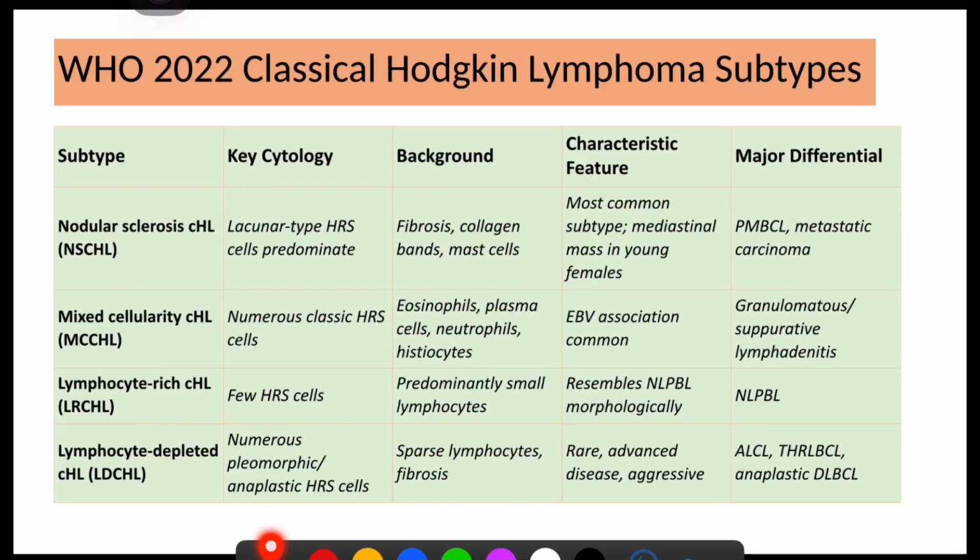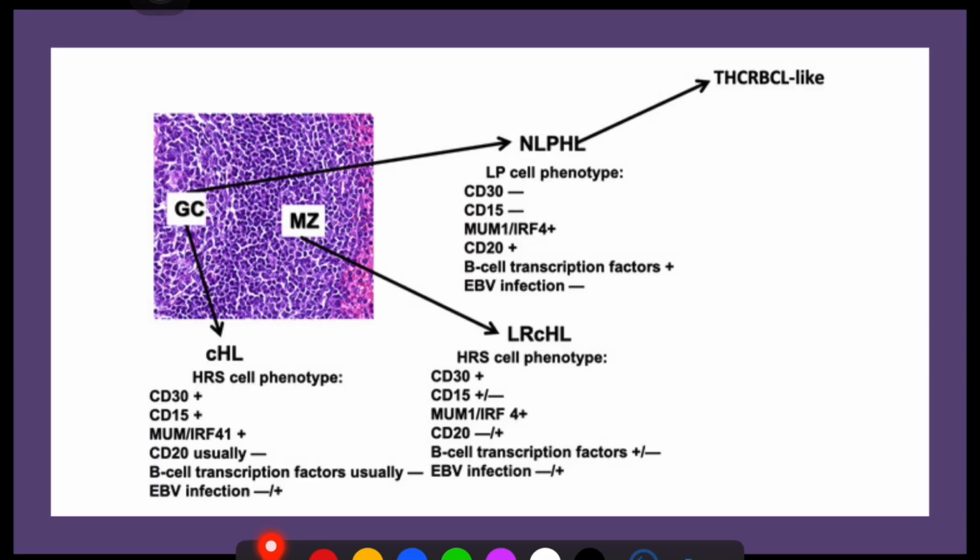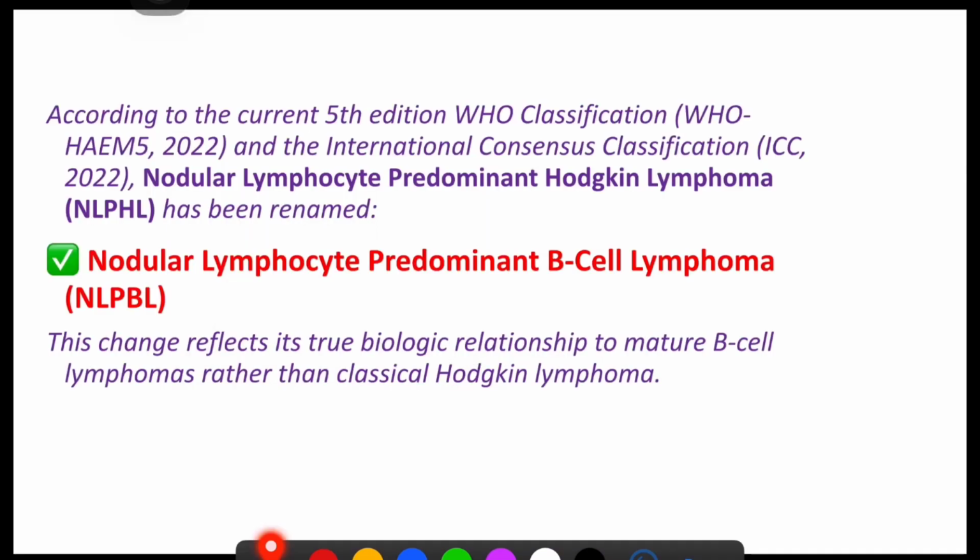And this is again according to WHO 2022, the classical Hodgkin's lymphoma subtypes we have discussed in detail. Here you can see how to differentiate: in classic Hodgkin's lymphoma the HRS cell phenotype shows CD30 and 15 positivity, lymphocyte rich will have CD30 positivity but 15 may be positive or negative, while nodular lymphocyte predominant B cell lymphoma will have CD30 and 15 negative.